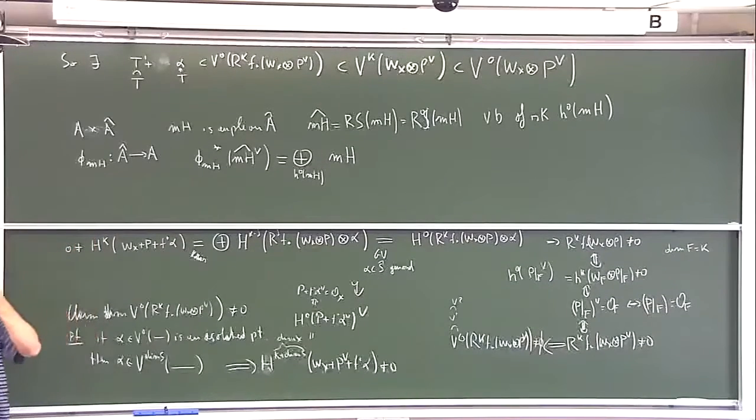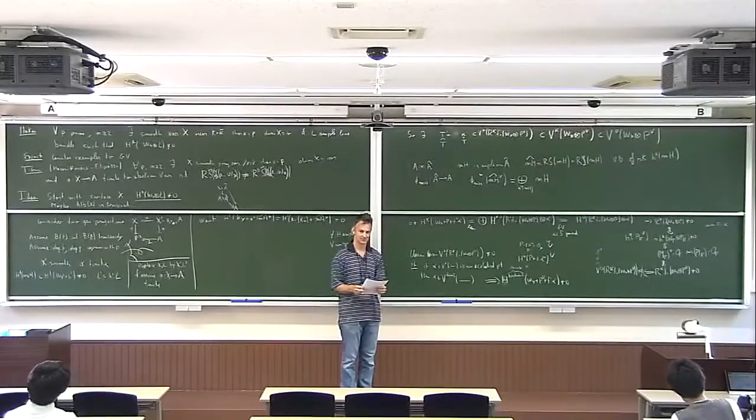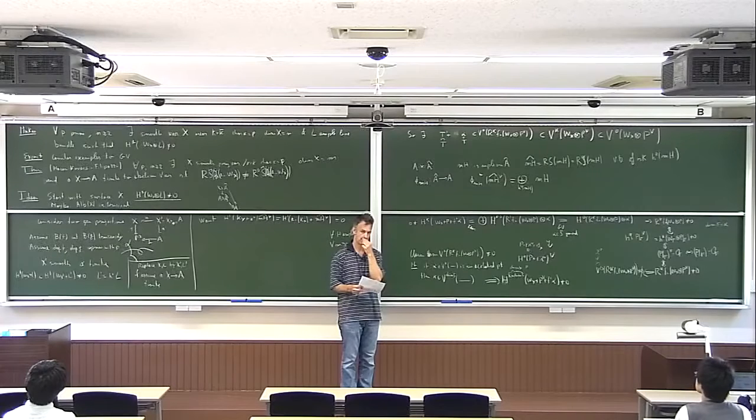Sorry, I have a question about the beginning. You're saying this generic vanishing can be derived by using Mukai plus Kollár vanishing. Right, that was the beginning. So in characteristic p, Kodaira vanishing fails. Yeah, but then we use the vanishing somewhere in the proof.